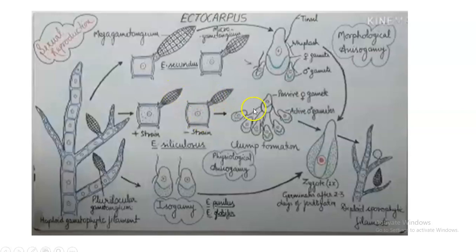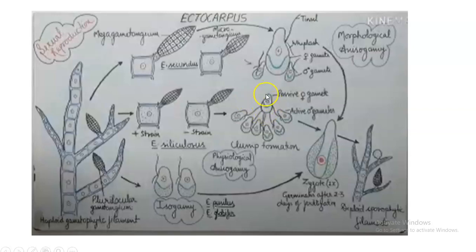Since both are morphologically the same, how do we categorize them into female and male gamete? Once released, those gametes which are more active will be considered male gametes, and those which are less active will be considered female gametes.